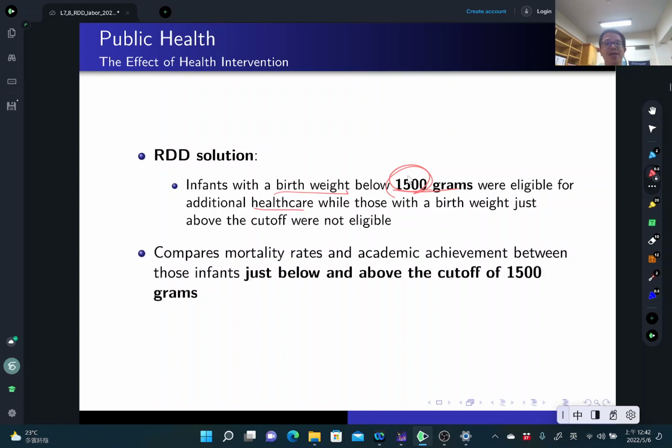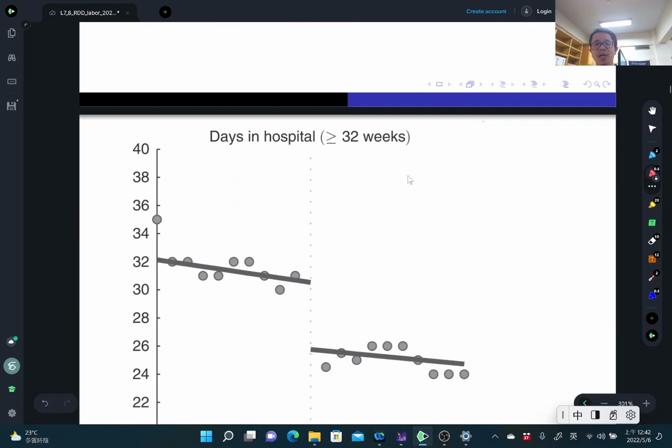So we can compare the mortality rate or other outcomes between the infants just below or above the cutoff of 1,500 grams. We can evaluate the effect of additional healthcare in early childhood on their health status and other outcomes.